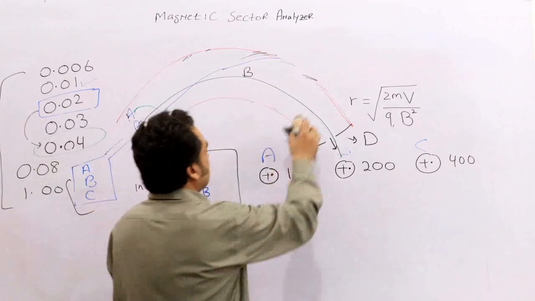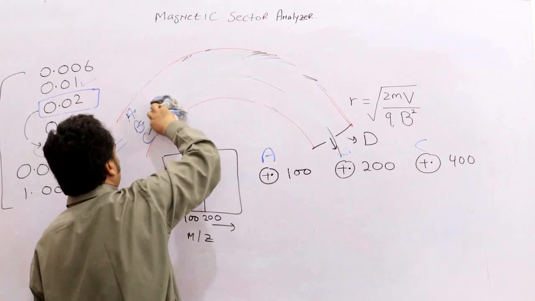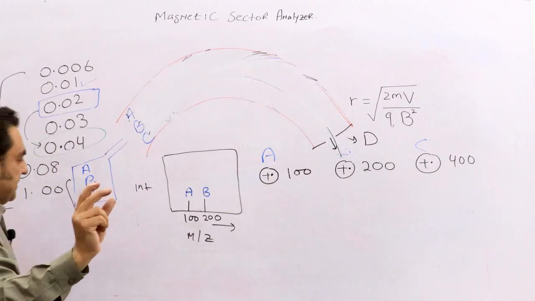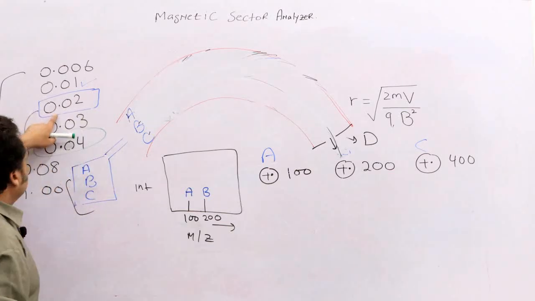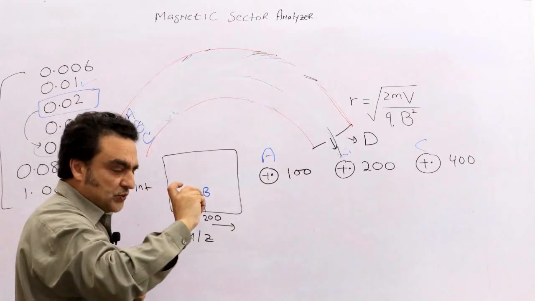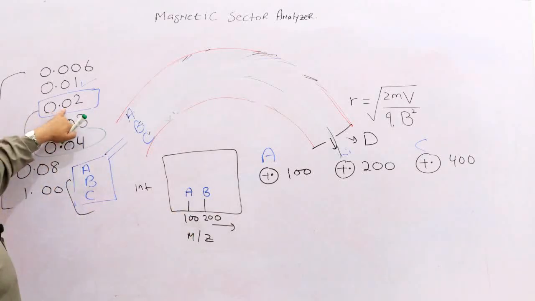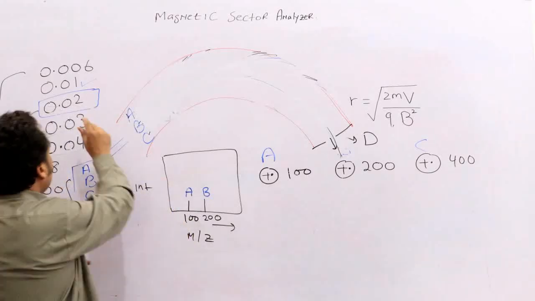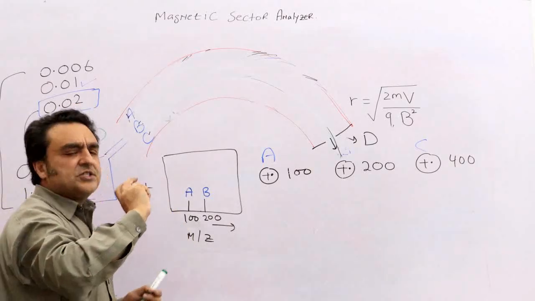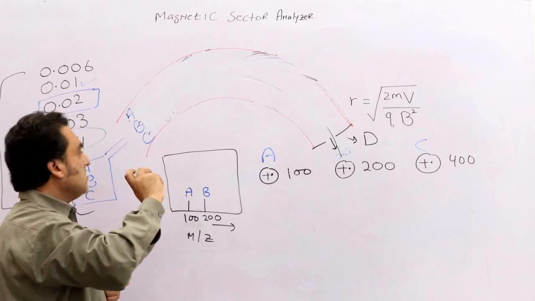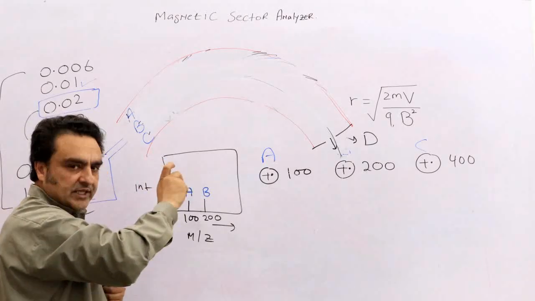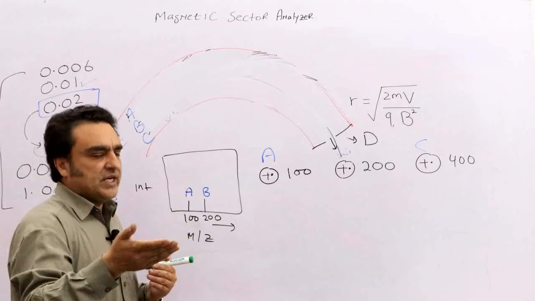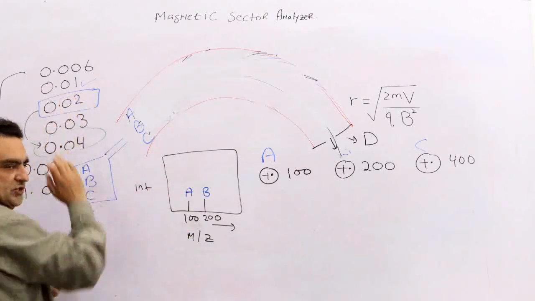Now again you have detected some molecules of A. Suppose while you were rotating the knob, it stood fixed for 3 seconds on 0.02.